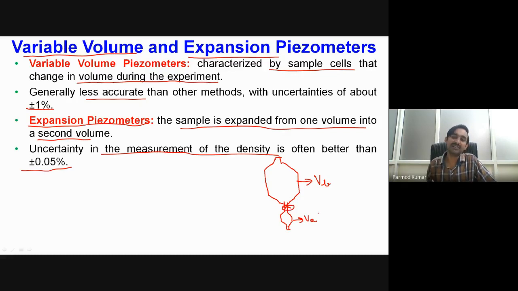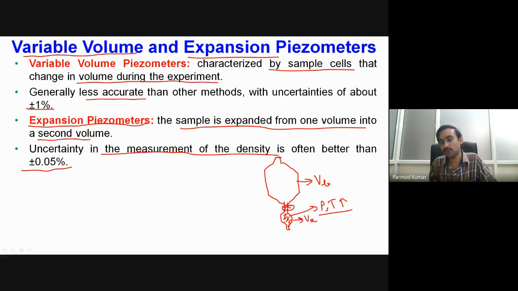Okay, so what is initially done: first we will have our sample over here, and this sample will be at very high pressure and high temperature. Then we will now open this wall.